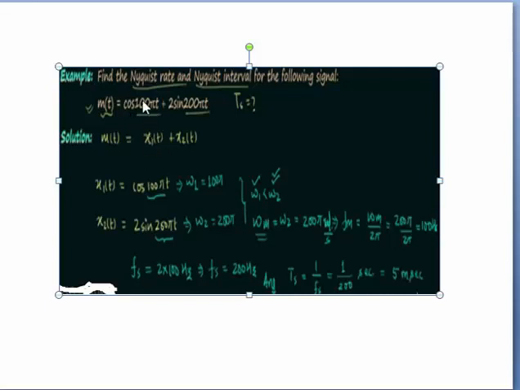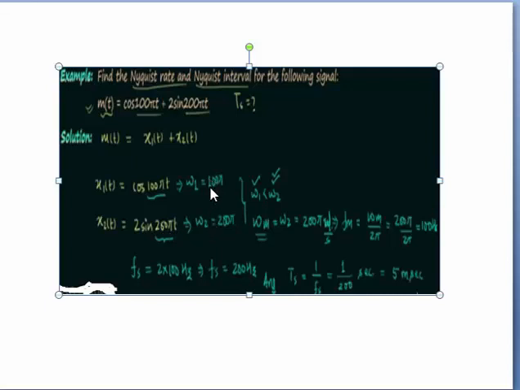So x1(t) is equal to cos 100πt and x2(t) is equal to 2 sin 200πt. Comparing with the standard cosine signal x(t) = A cos ωt, and for the sine signal x(t) = A sin ωt, we obtain ω1 is equal to 100π and ω2 is equal to 200π.